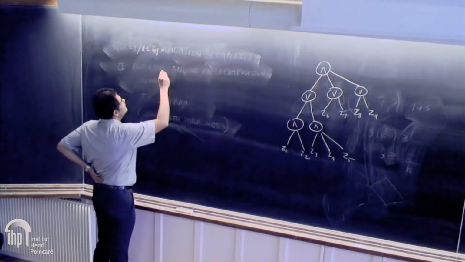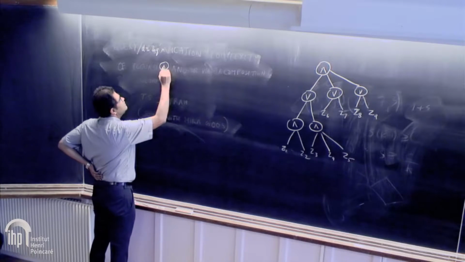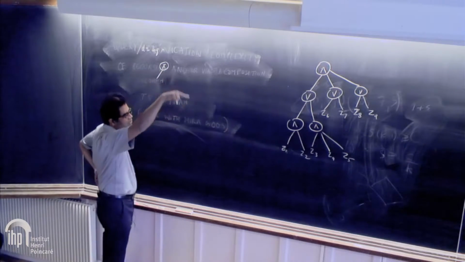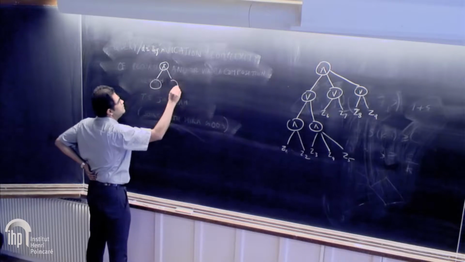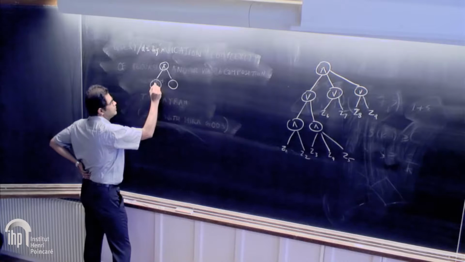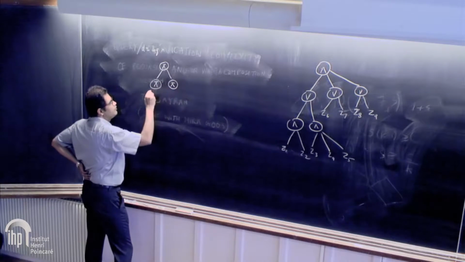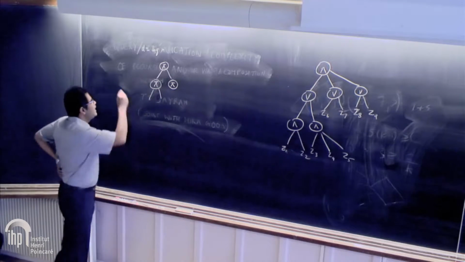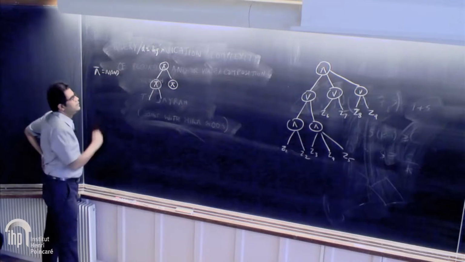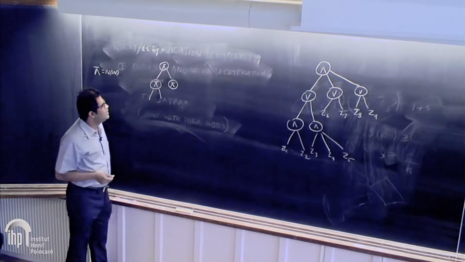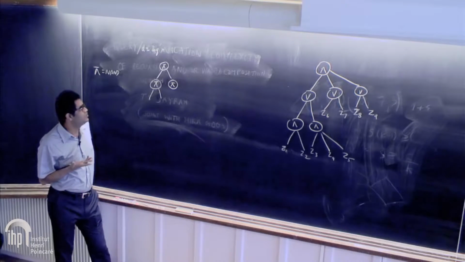Instead of writing the tree as alternating AND and OR, by applying De Morgan's law I'm going to write it as a tree of NAND gates. So these are all NAND gates. Now you can ask, how do I actually compute this tree?